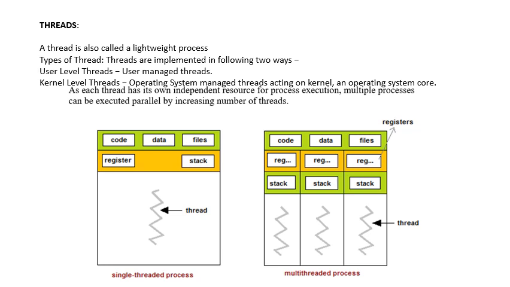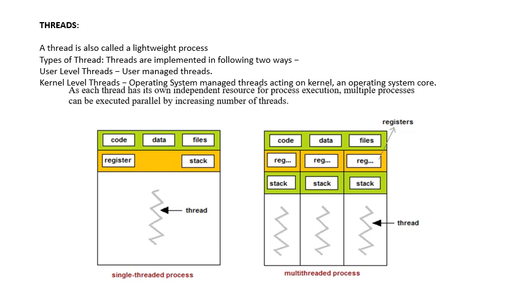As we discussed, a thread contains a thread ID. So what is a thread ID? A thread ID is nothing but a unique number. The program counter stores the next instruction details. The register set is used for performing some computations.